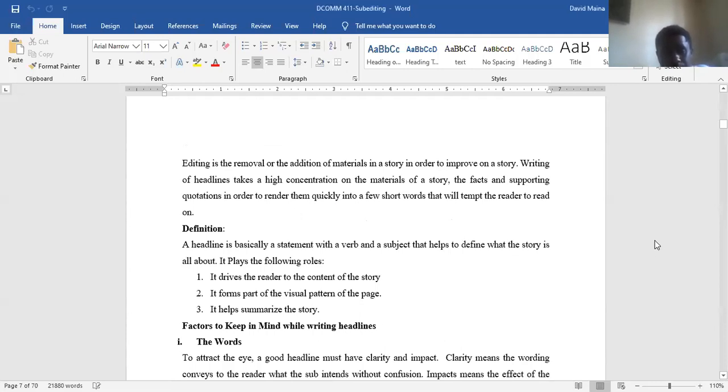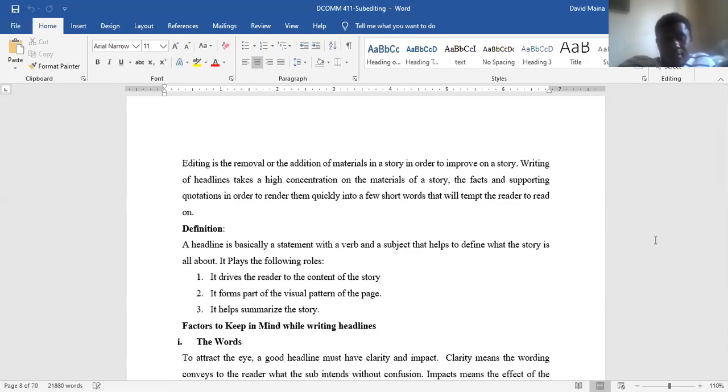So what is editing? Actually, editing is the removal or addition of material in a story. You remove additional materials that are not adding anything to your writing. For example, umeandika story kuhusu floods that are happening in Kenya.